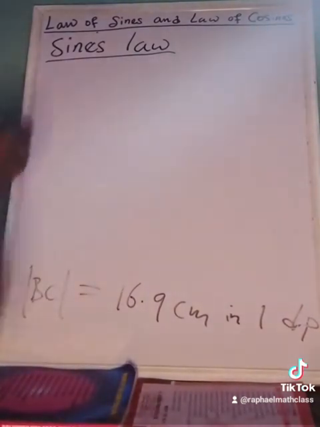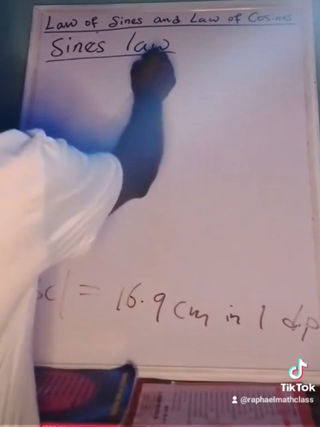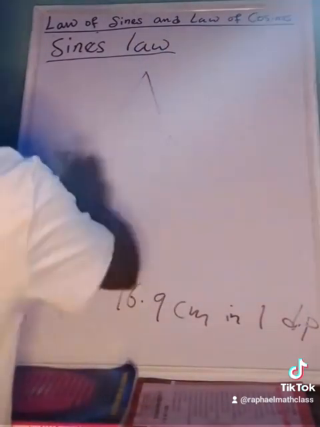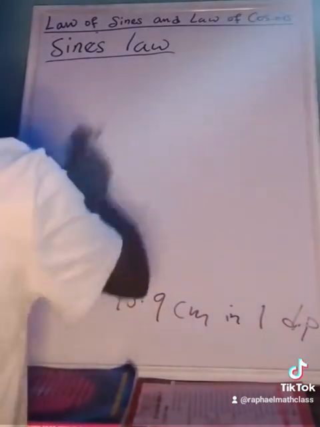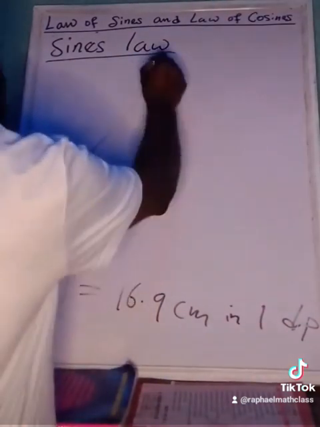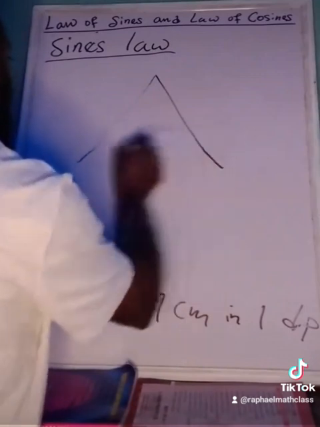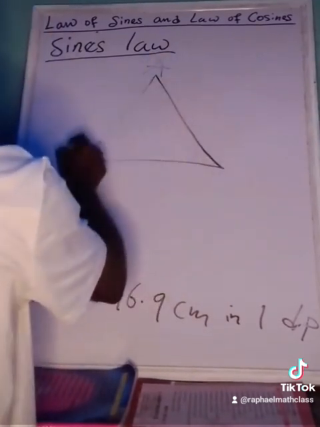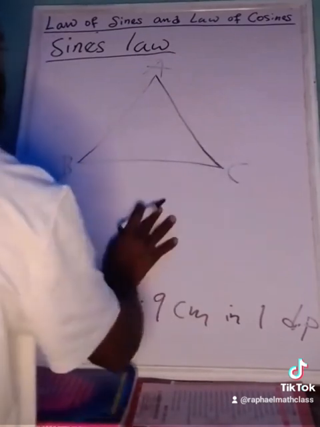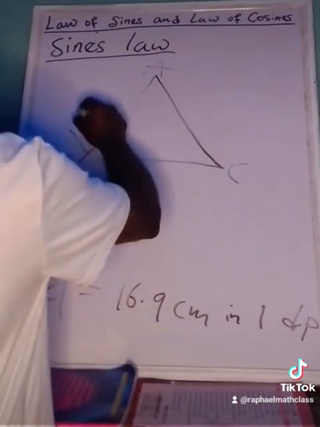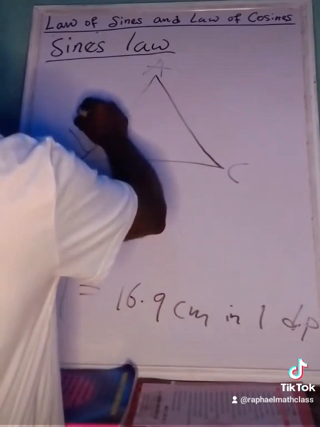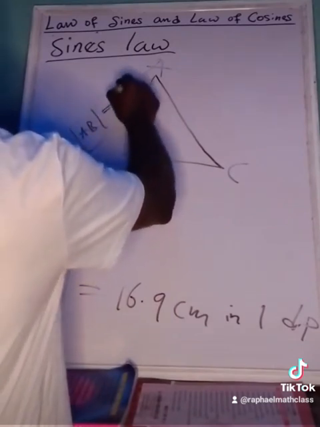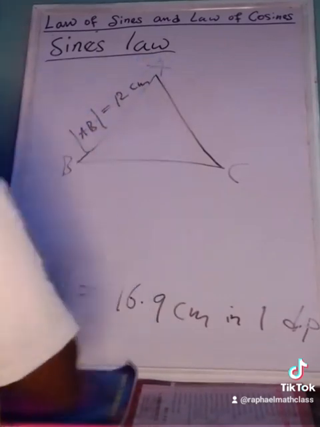So if you draw our acute triangle again, like we had. Let me draw it very well. So our acute triangle ABC, where side AB is equal to 12 centimeter. You understand?